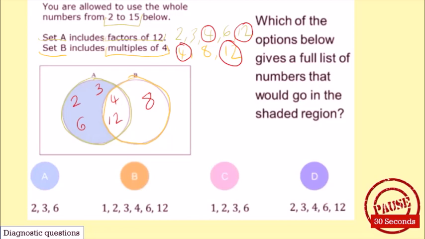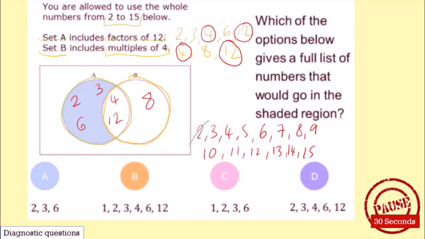Now, because we were looking at all the numbers from 2 to 15, if I make a list of all the numbers from 2 to 15, there will be some numbers that I haven't used that need to go on the outside of the Venn diagram. Okay, so let's look at the numbers that we've used already.